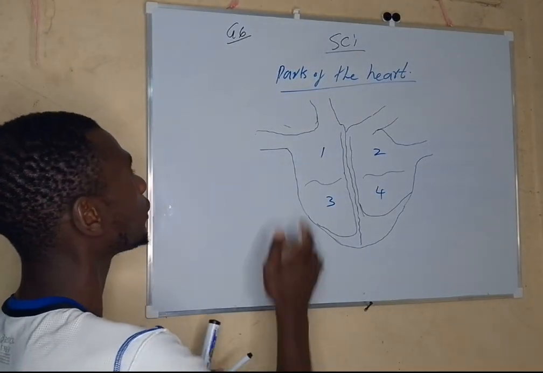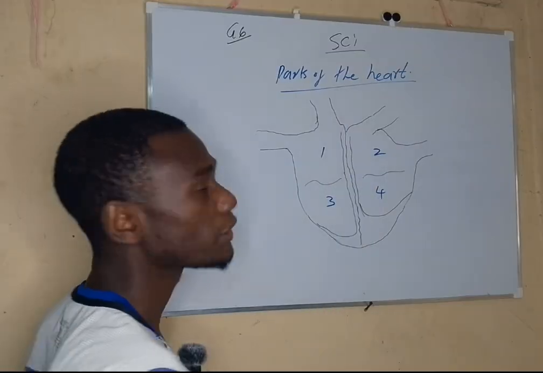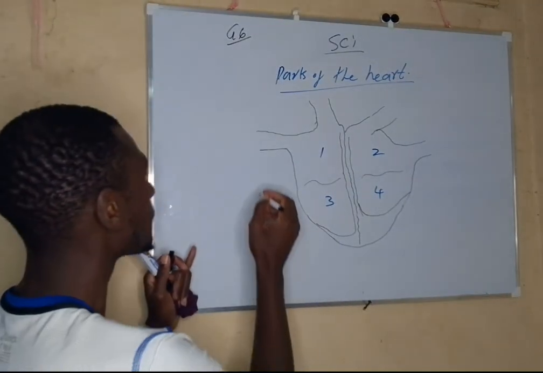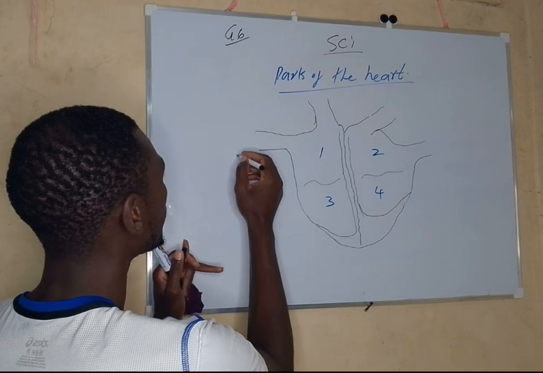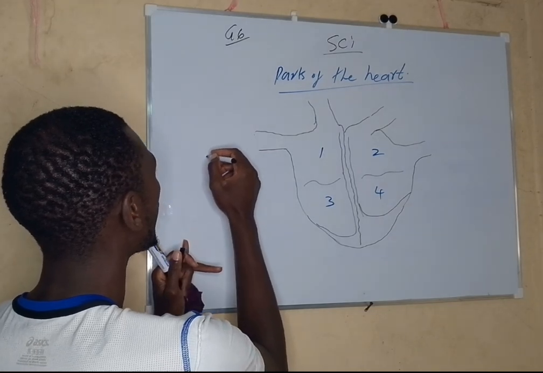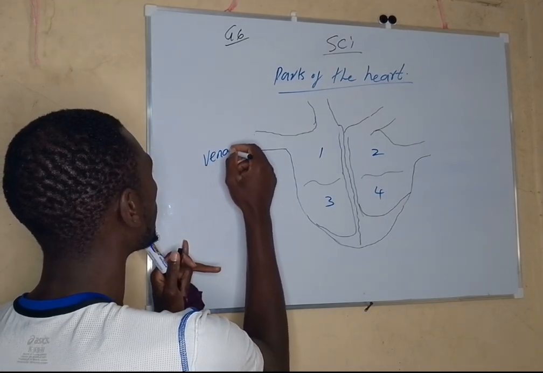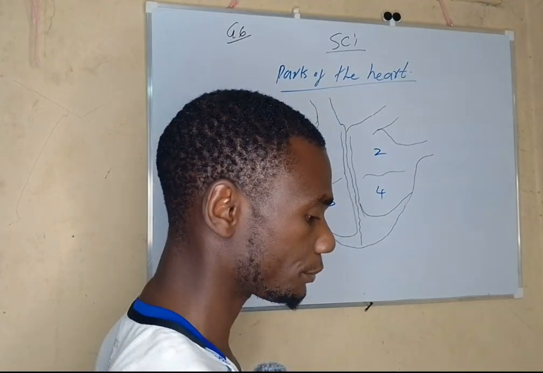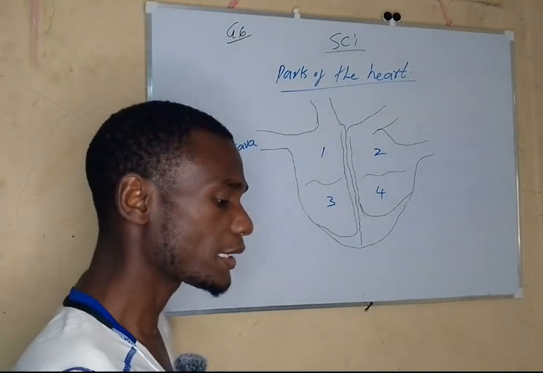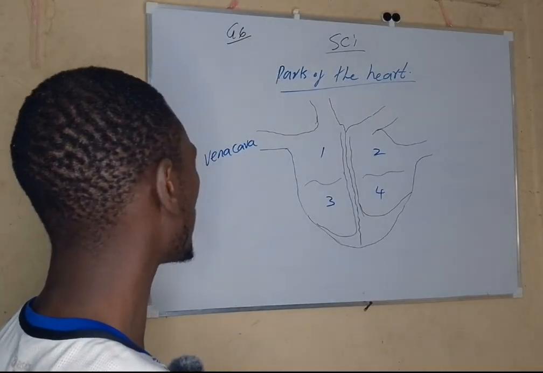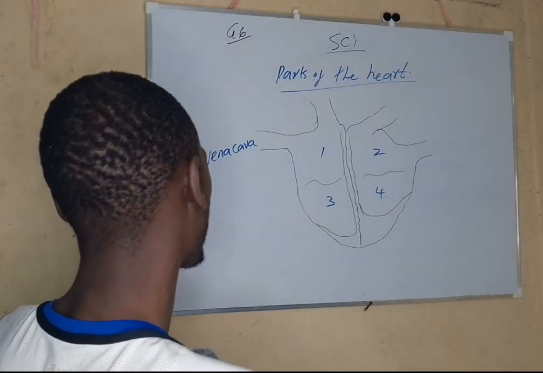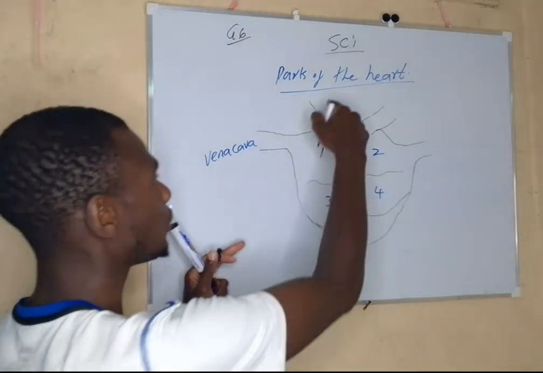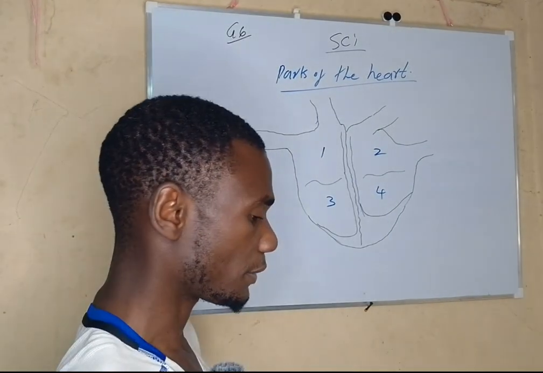Now after drawing, we want to name the parts. So this part is called the vena cava. The vena cava is the first part on the right, on my left hand side. Then from the vena cava, you go up to the next part.